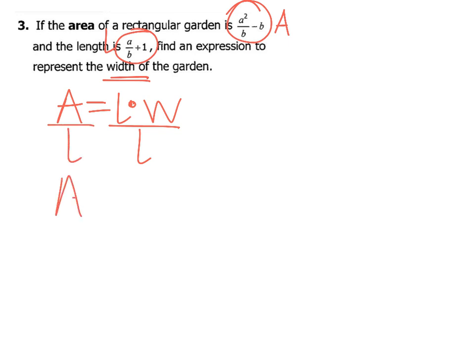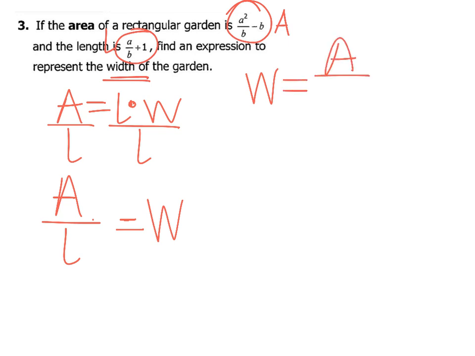So the area divided by L, alright, area divided by length equals the width. So what we want to do, if we want to find the width, we want to plug in our area and divide it by our length. So the width, if we know our area, is this right here.